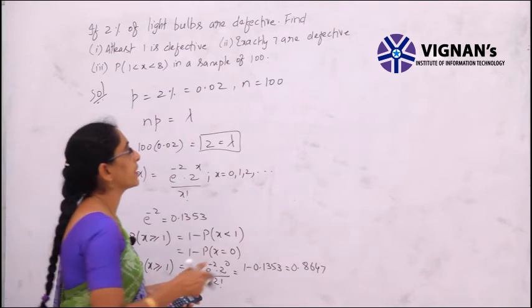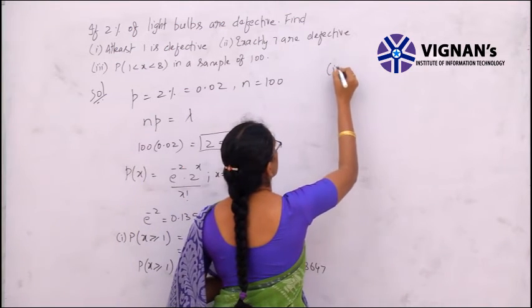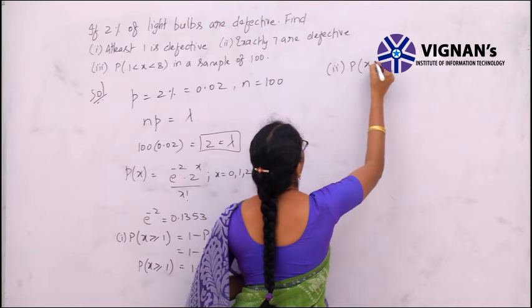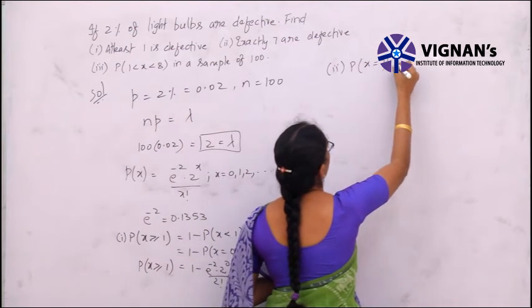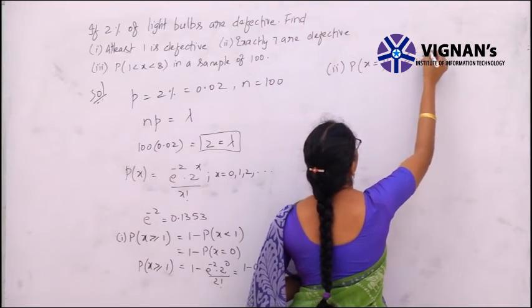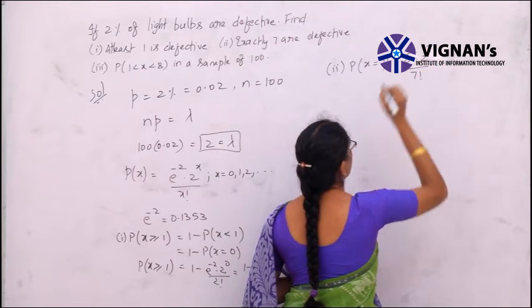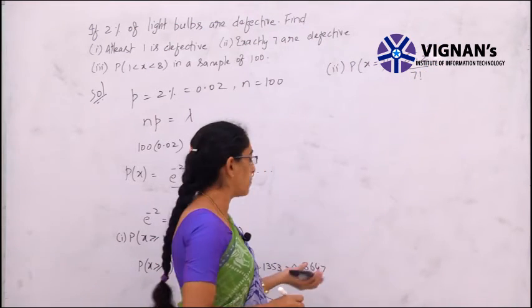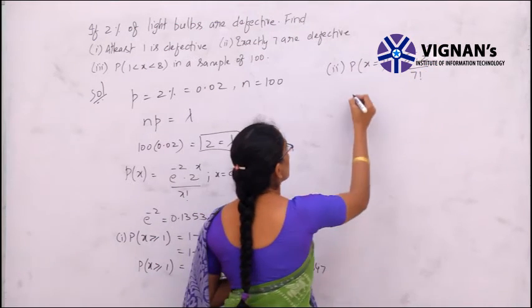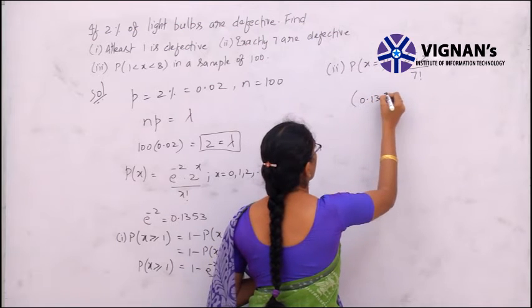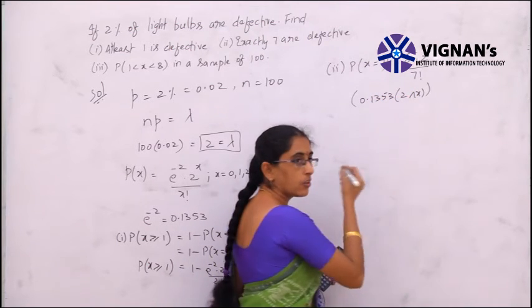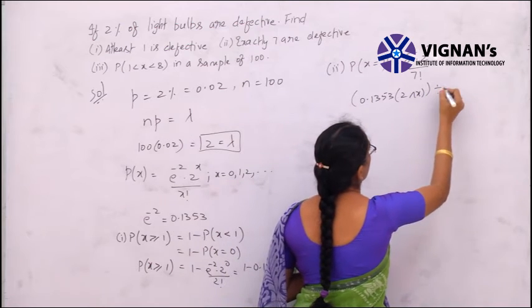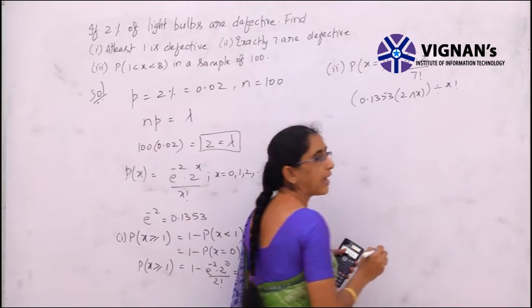Okay. Now, what is the second bit we have to calculate? Exactly 7 are defective. So, exactly 7 means only 7 items are defective here. Okay. So, e power minus 2 into 2 power 7 by 7 factorial. Now, this time let us take the equation here. So, e power minus 2 is 0.1353 into 2 power x, close the entire bracket for numerator and divided by x factorial.